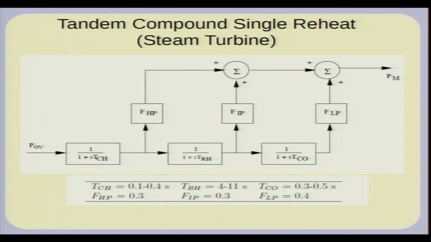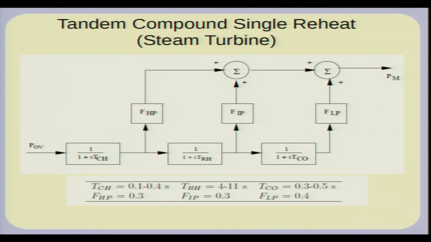The typical time constants associated with it are on the larger side. You will find that because of this reheat component, the overall time constants can sometimes be quite large. Okay. So, this is the control system, this is the model of the turbine, especially for small changes.